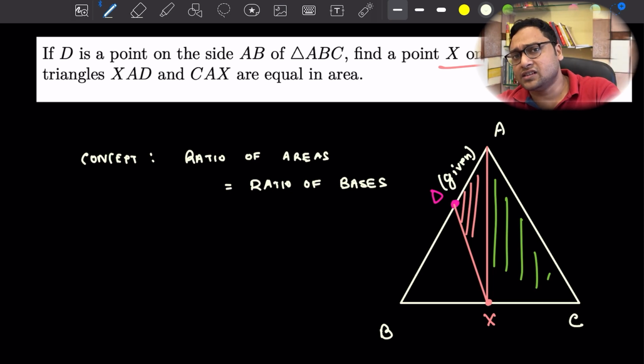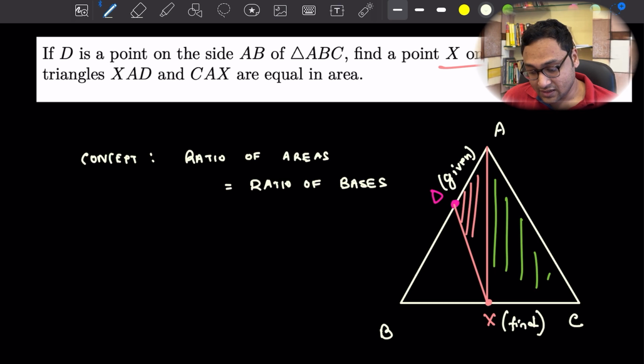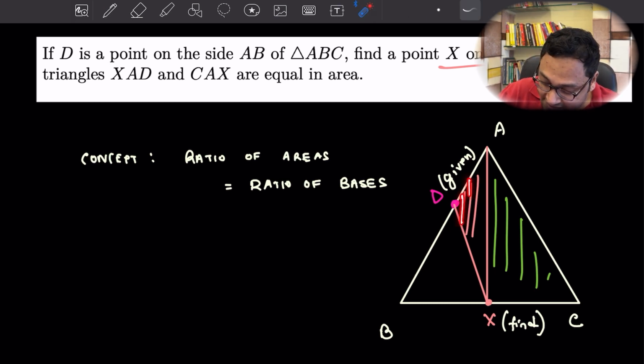Depending on the point D, you need to find out the point X, such that these two pieces, XAD and CAX, are of equal area.